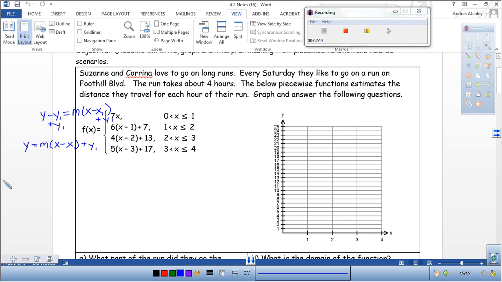So what I want you to do right now is go and look at this equation and find out what their speed is for each hour.